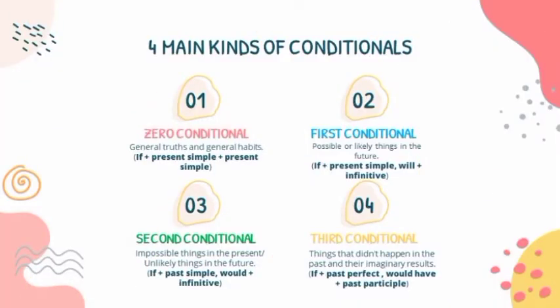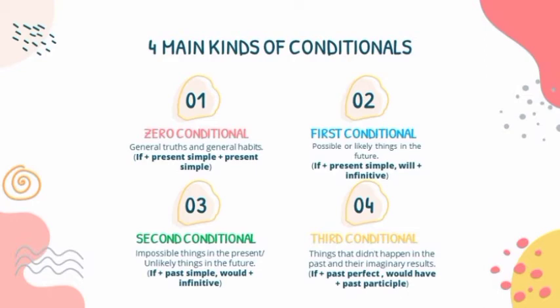Again, there are 4 main kinds of conditionals. The first one is the zero conditional, which talks about general truths and general habits. First conditional talks about possible or likely things in the future.